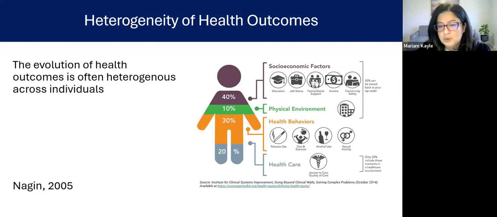So the evolution is heterogeneous, and that means that within a certain population, we cannot assume that they will progress on a certain outcome, say, in the example of sickle cell disease, having higher acute care visits, for example, regardless of the characteristics of the patients, their disease etiology, their access to care, whether or not they have access to primary care. So all of these factors play a role and make the phenomenon over time variable and not homogeneous.